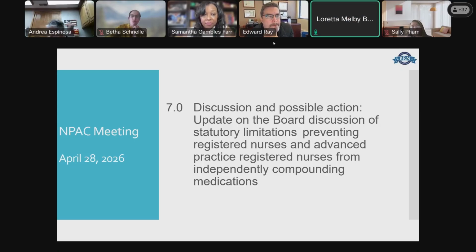The compounding laws are within the pharmacy board. Even when we discussed this in our board meeting, the reach out for further discussion was with the pharmacy board to ensure that the interpretation that they provided me was in fact accurate. And so it is, and it went through a big regulatory process.